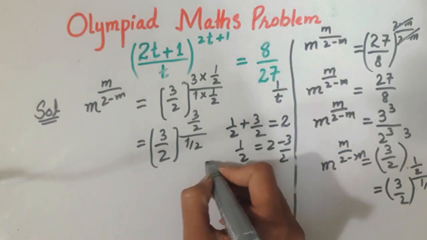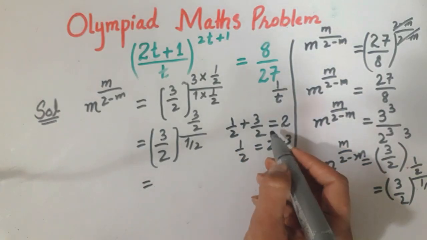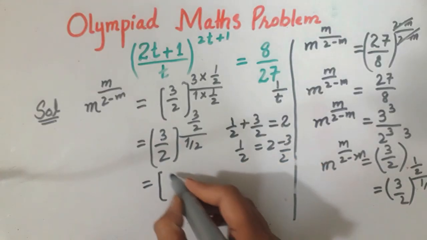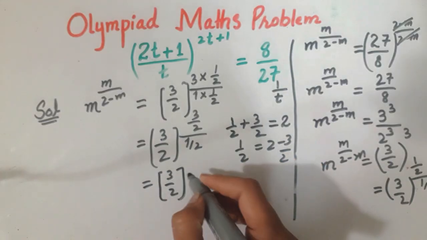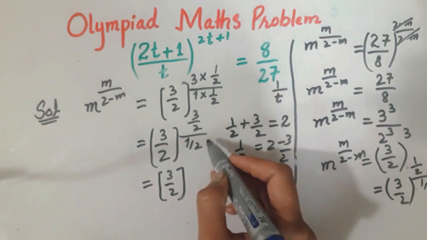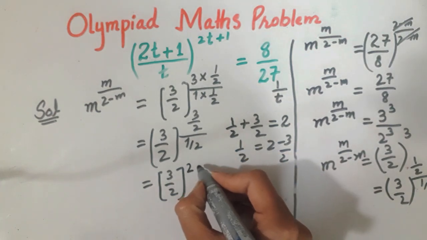We will make this supposition here. So 3/2 equals 2 - 1/2.